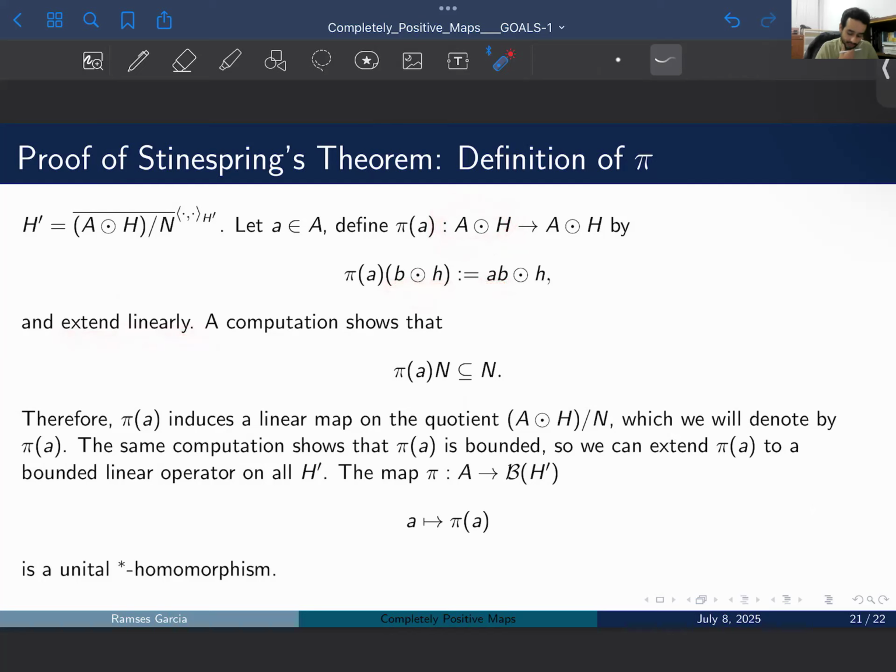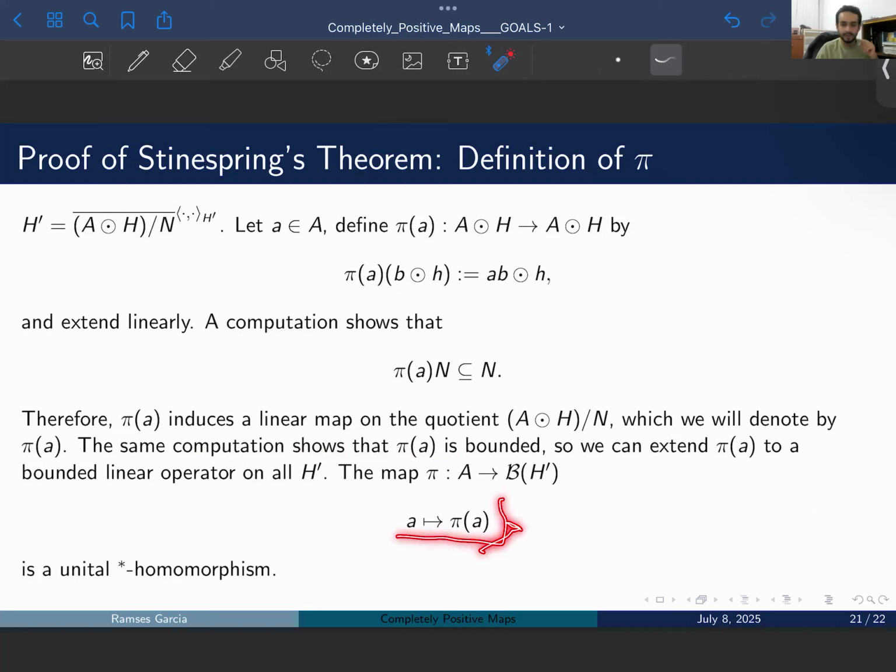A computation shows that PA applied to N is contained in N, and therefore we can consider PA on the quotient, and this induces a linear map. Again, by computations that I'm not writing down, we conclude that PA is bounded, and we can extend it to all the Hilbert space H prime, and we define the representation P just by sending each A to PA.